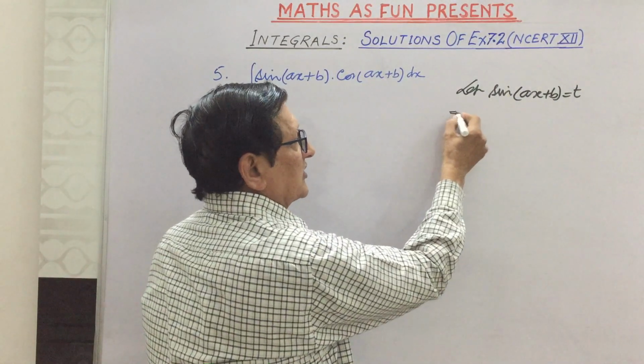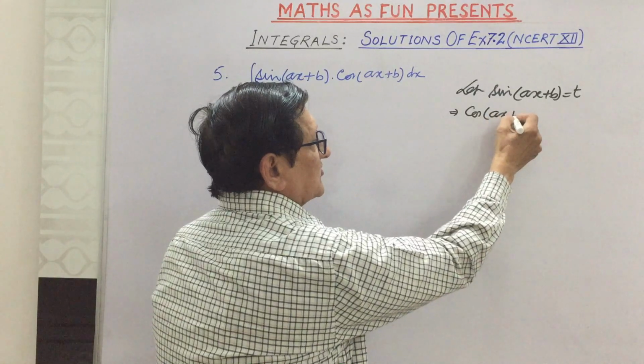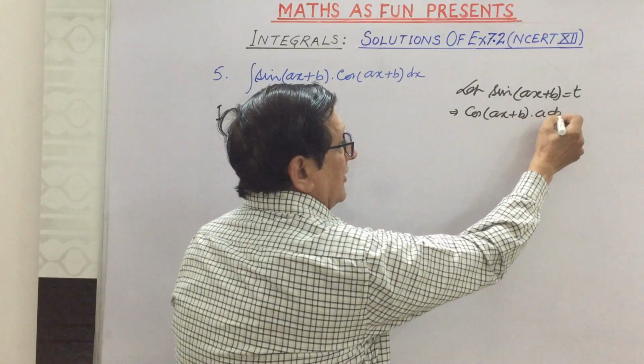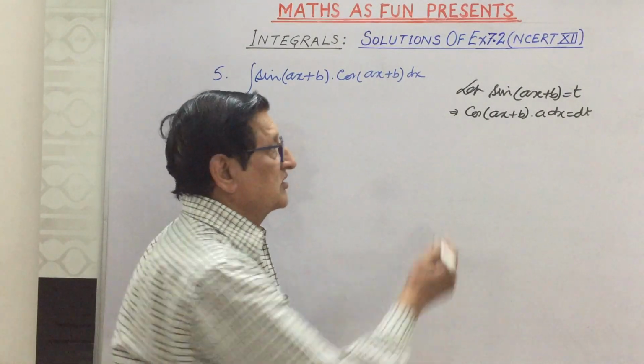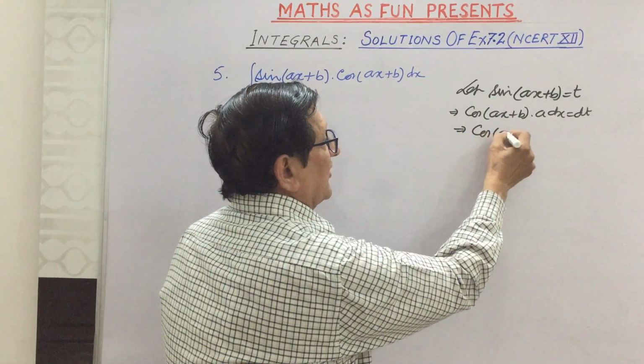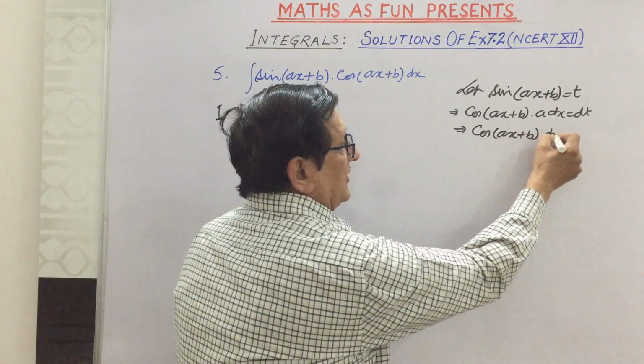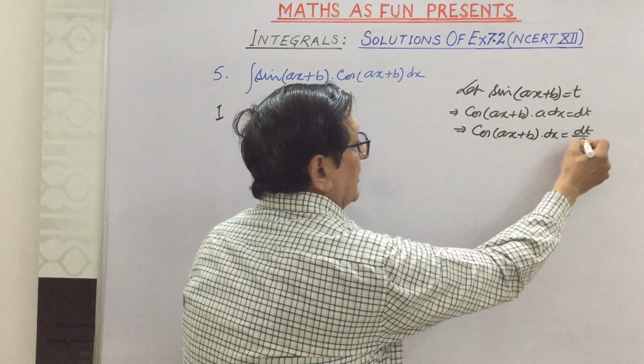Differentiating this with respect to x, we get cos(ax + b) into a dx is equal to dt, that is by applying the chain rule. This gives us cos(ax + b) dx is equal to dt upon a.